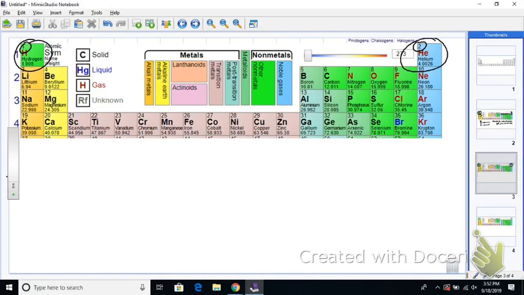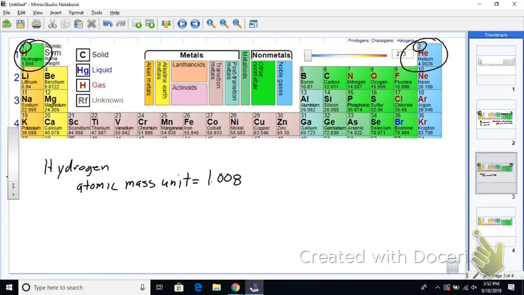But if you look underneath, hydrogen has what we call an atomic mass unit that's going to be 1, or an average atomic mass, that's going to be 1.008. So they're just relative masses.